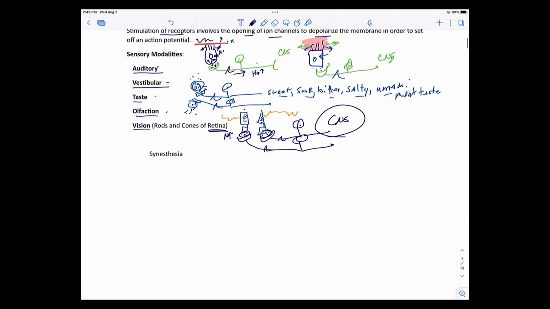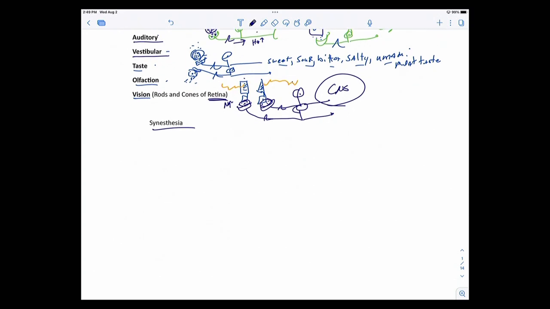So what's kind of interesting, though, is the idea of synesthesia. Let me lay this out for you, because you can have sensory information. I'm just going to take some categories here. Taste.